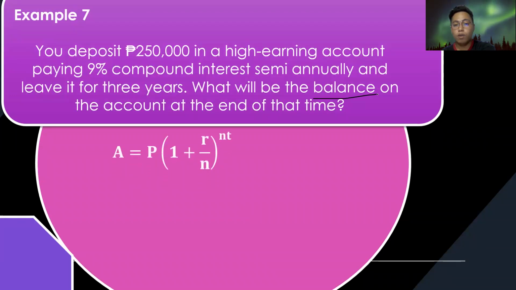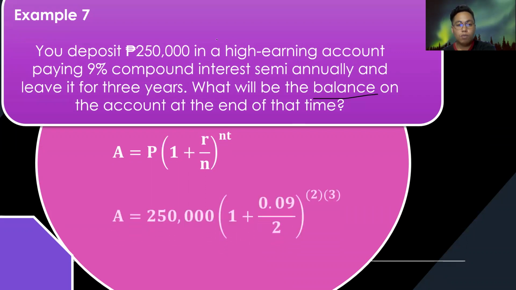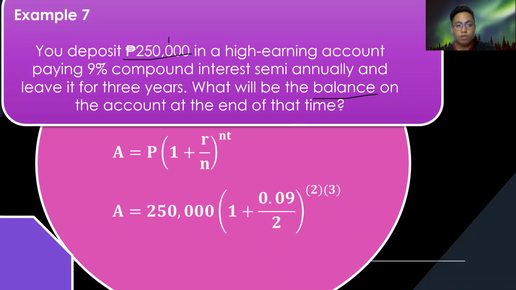So we will use the formula mentioned earlier. Our principal amount will be 250,000 pesos. Our rate will be 9%. Since it is compounded semi-annually, n equals 2. And it will be deposited for 3 years.